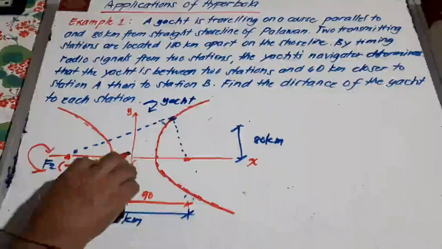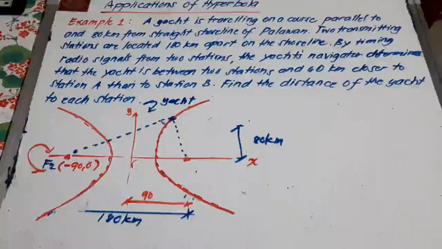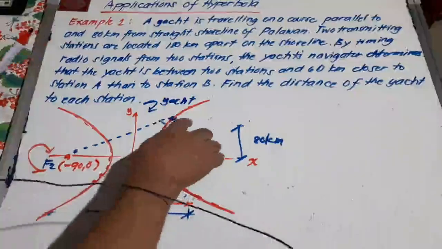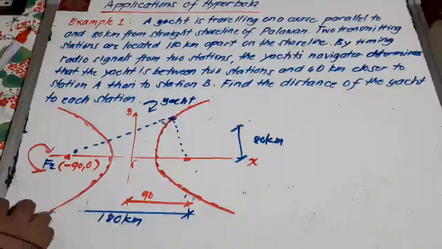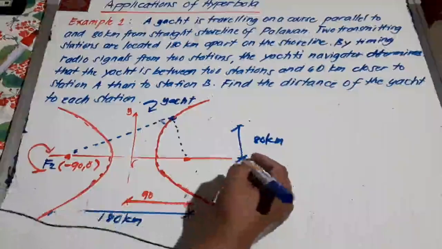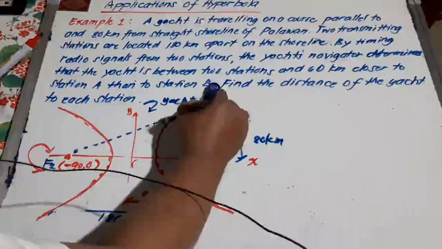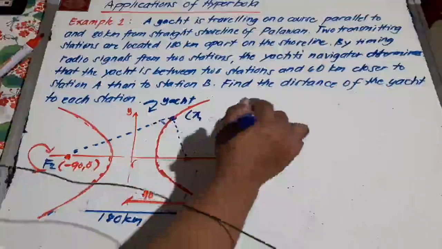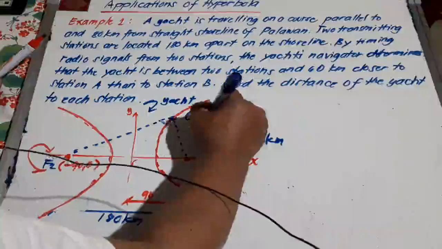Ito itong ating hyperbola. Yan. So, yung yate, part siya ng ating hyperbola. Okay? Dadaan siya dun sa curve of the hyperbola. And then, the location of this yate is no horizontal distance, but we know the vertical distance. That is 80 kilometers. So, x, 80.